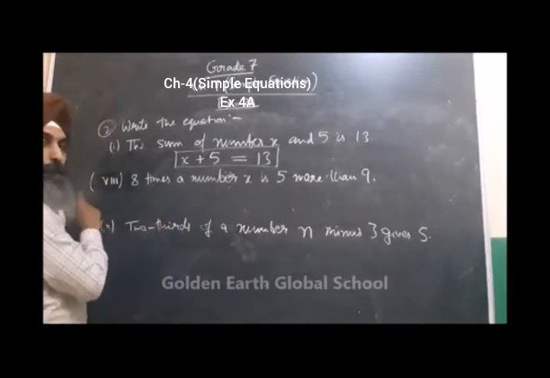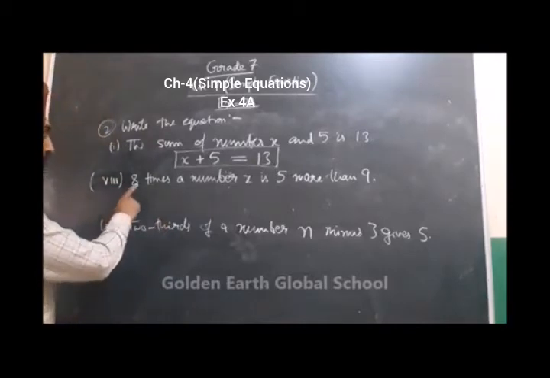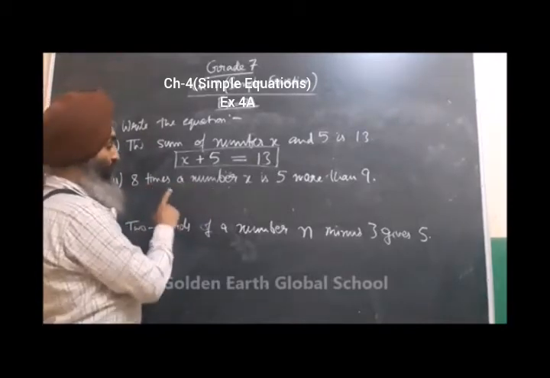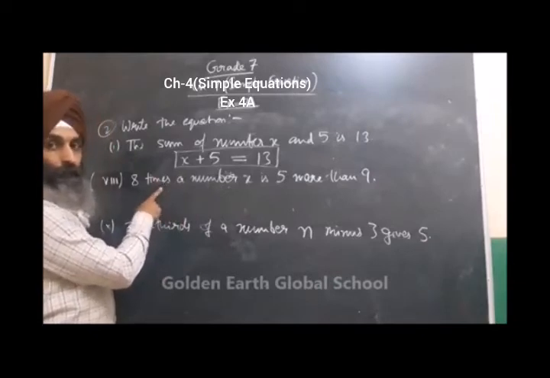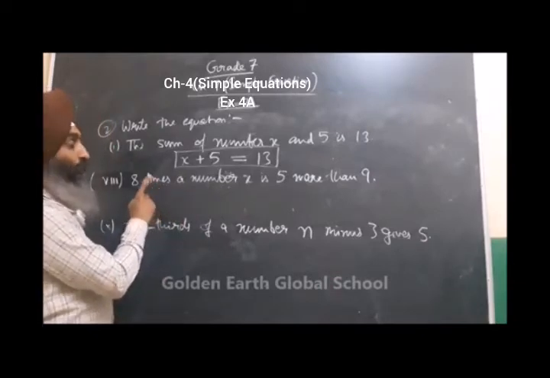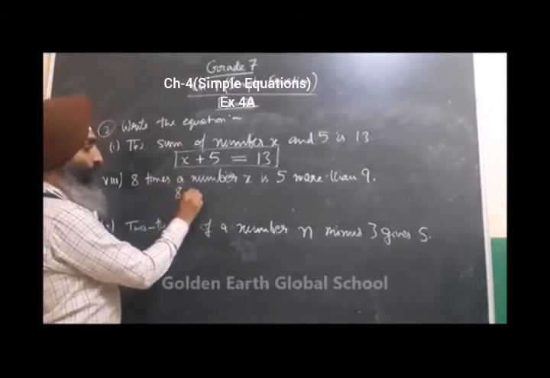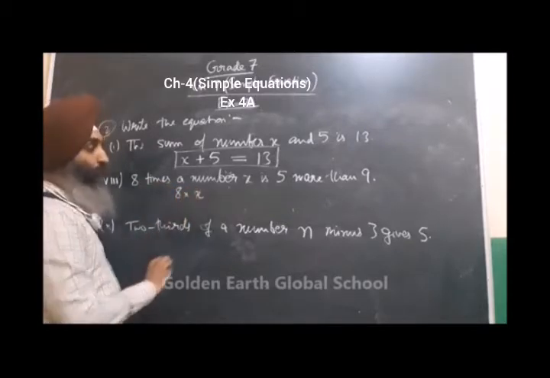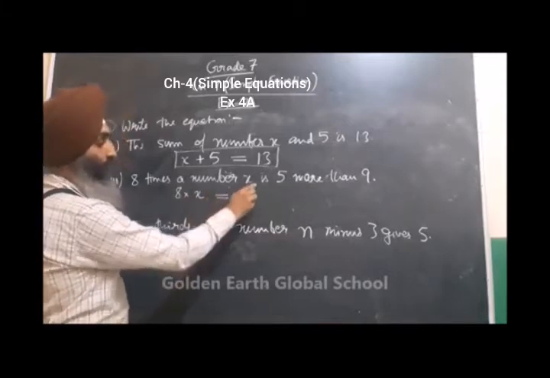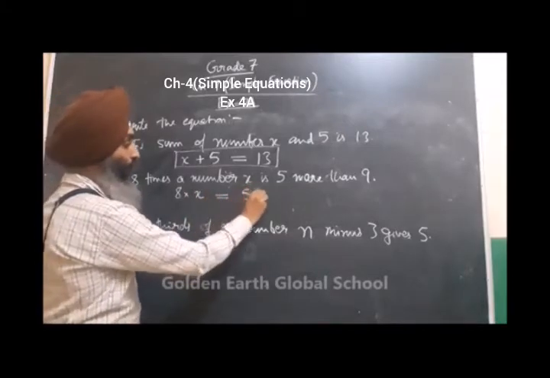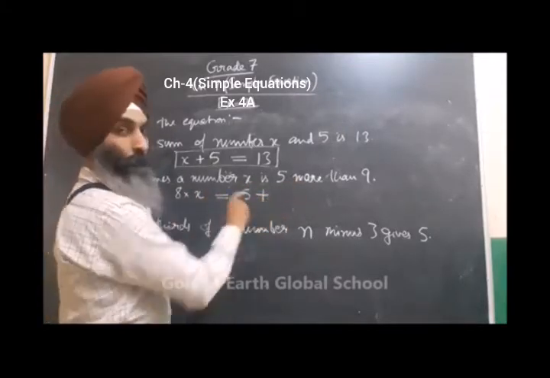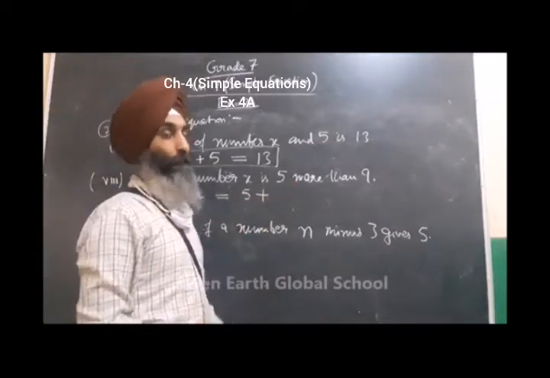Now see the 8th part. In 8th part, 8 times a number. Times means multiply. Product means multiply. So 8 times a number x is 5 more than 9. 5 more than means plus, less than means minus.